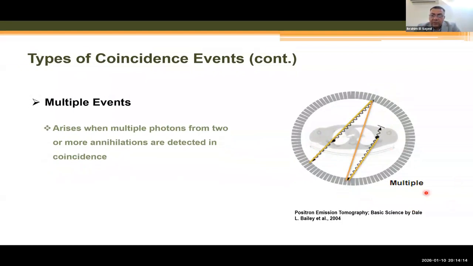Multiple events are less common but more problematic when they occur because the event is completely mislocalized. The system can make this one the line of response, this one the line of response, or this one as a single. So it has different options to choose from. It is very rare, but it also contributes to mislocalization of the events.